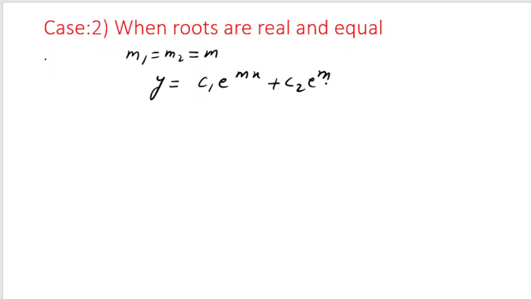If I write that, what will be the problem? The problem is that you can rewrite it as (c1 plus c2) e^(mx), so you will have just one arbitrary constant, c e^(mx). Because this is a differential equation of order 2, it should have two linearly independent solutions.